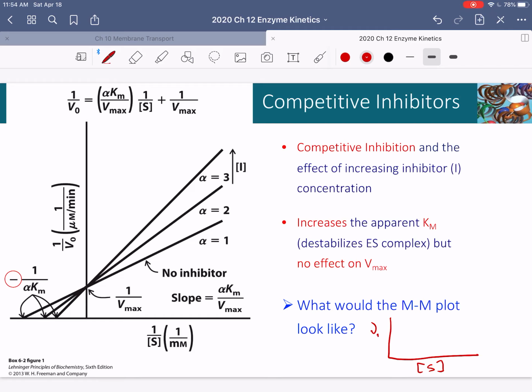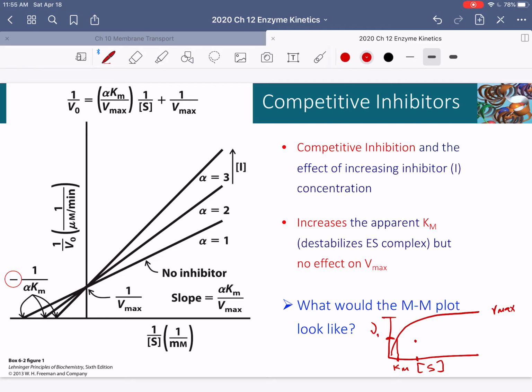In the absence of the inhibitor, you approach Vmax. And in the presence of the inhibitor, you're going to be increasing the apparent Km. So if the first Km is here, you're going to be increasing Km, so that means you're going to have a larger number here, but your Km is still going to be at 1/2 Vmax.